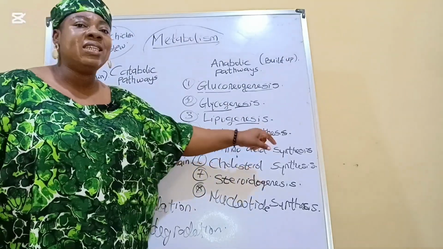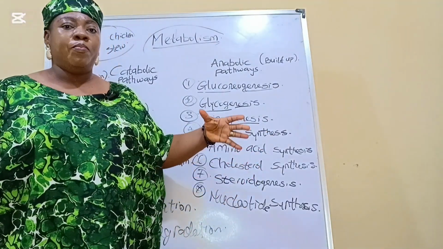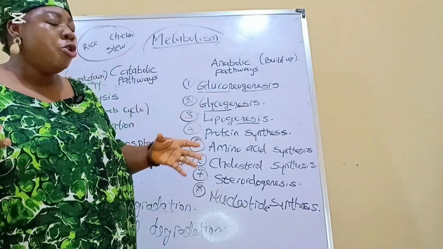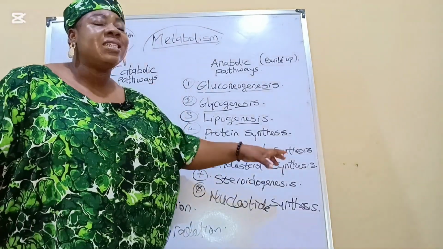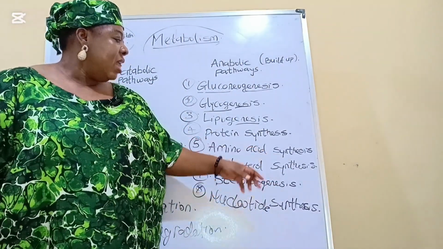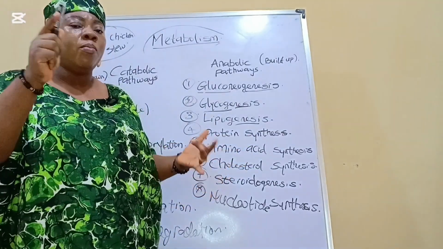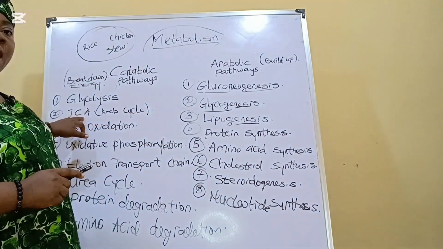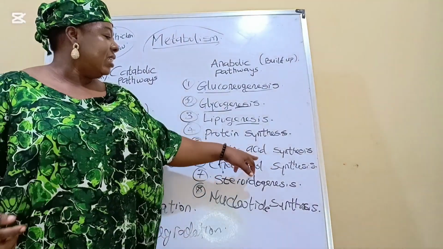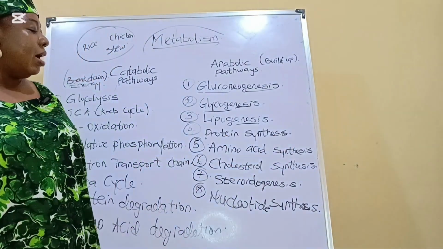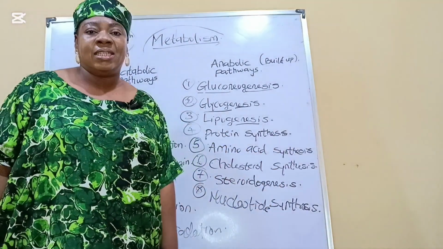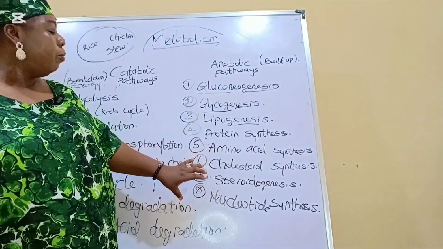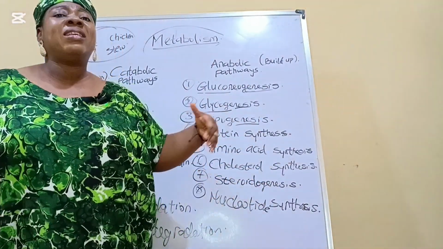Another one, protein synthesis, where there is assembly of amino acids to give us new protein. Amino acid synthesis, where intermediates from glycolysis and TCA can be used to synthesize new amino acids. Cholesterol synthesis, where we produce cholesterol from acetyl CoA.